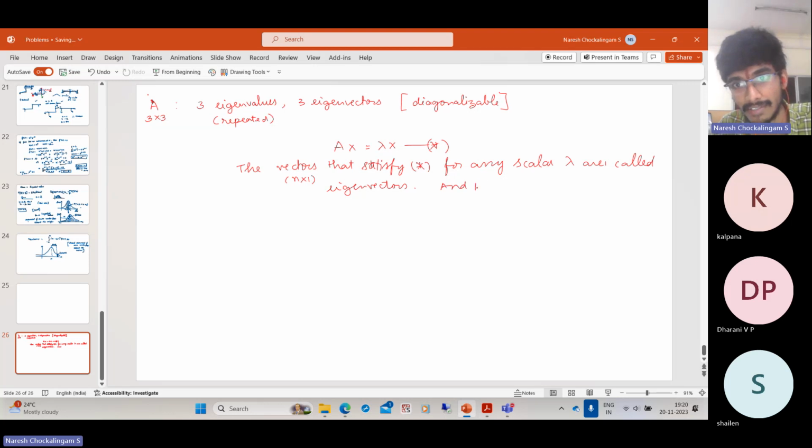And these scalars lambda, which can be complex in general or real, are eigenvalues.